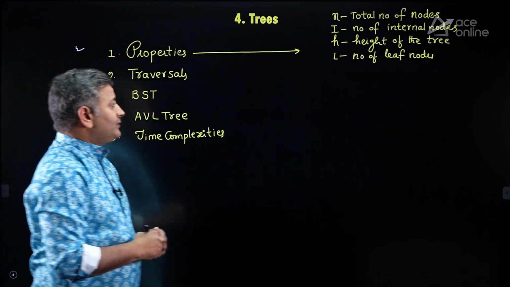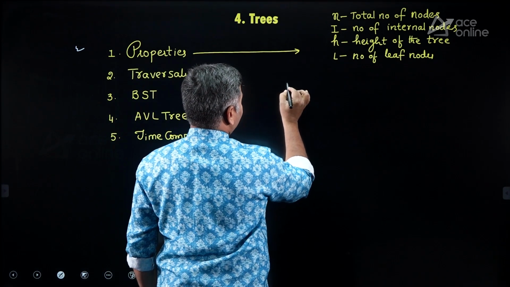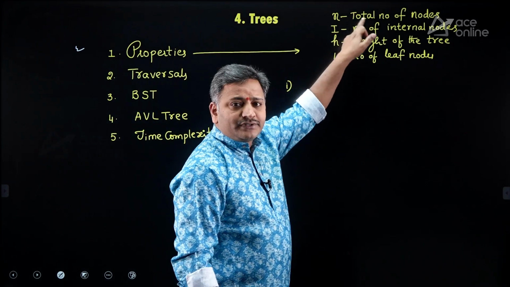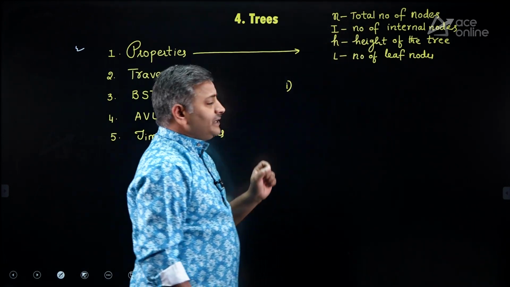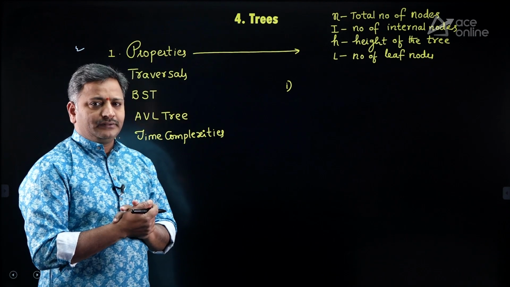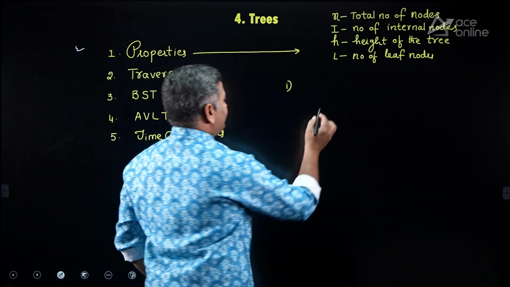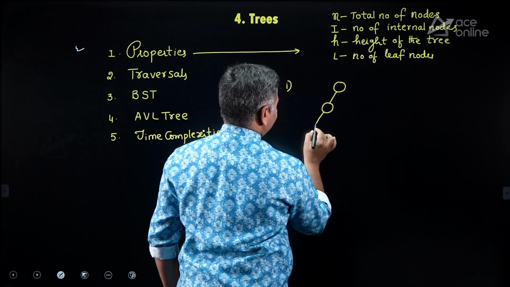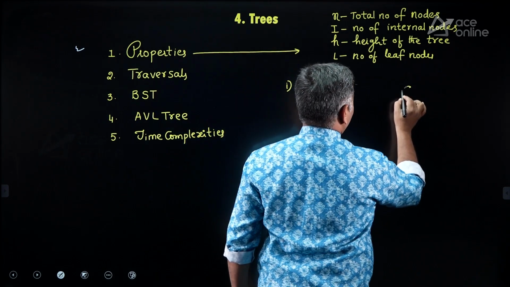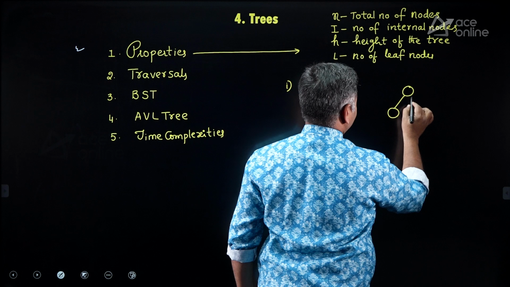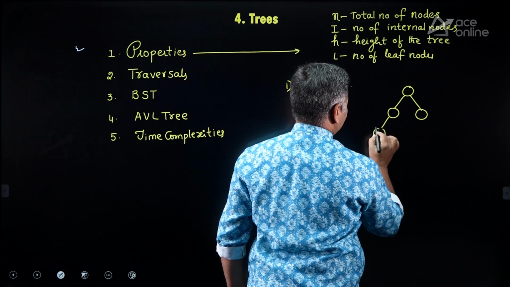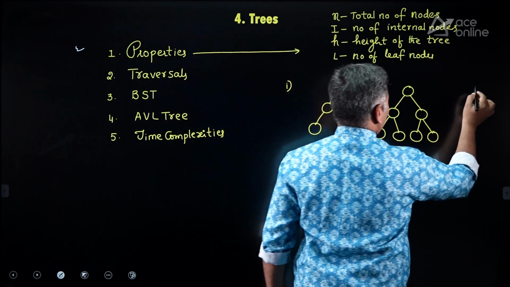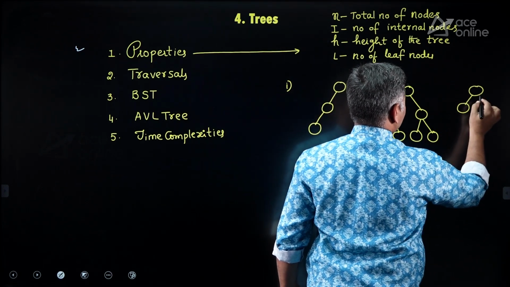When you are talking about various trees, suppose you ask the total number of nodes in a binary tree. The total number of nodes in a binary tree depends on the structure of the binary tree. The tree may be a skewed binary tree, or a full binary tree, or a tree with a structure like this.